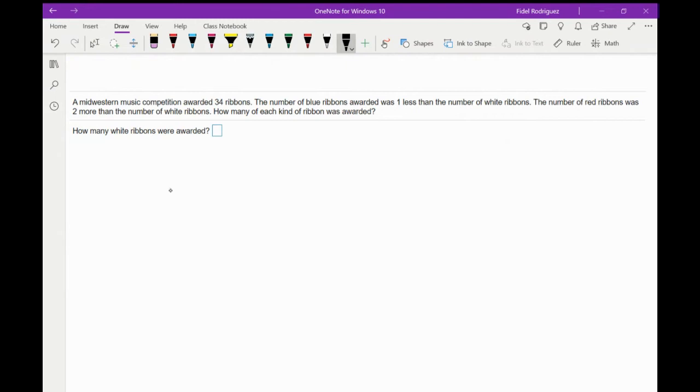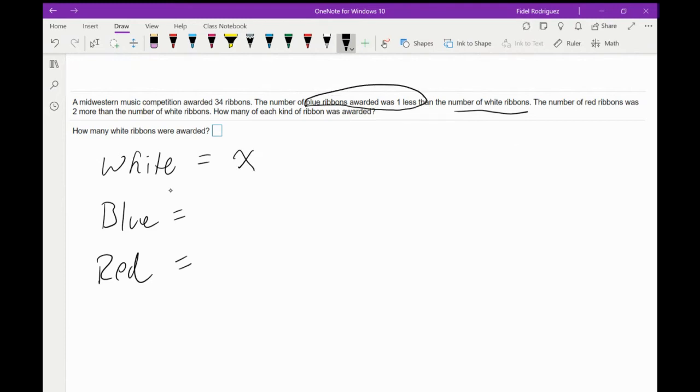So we have white, blue, and red. I have no idea how many white ribbons we had, so I'm going to call that X. But if the blue ribbons was 1 less than that, then the blue ribbons would be X minus 1.